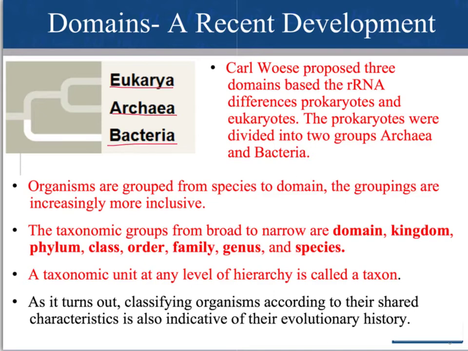Again, domain is the biggest, and species is the smallest. You can think of it as up here being least specific, so lots of inclusion, and down here being most specific.